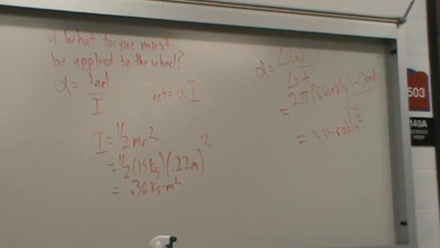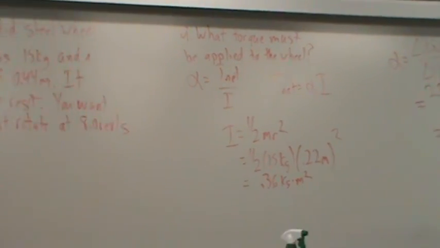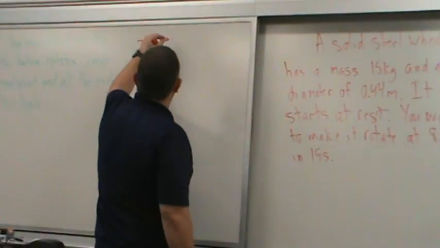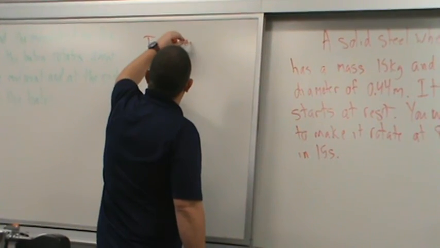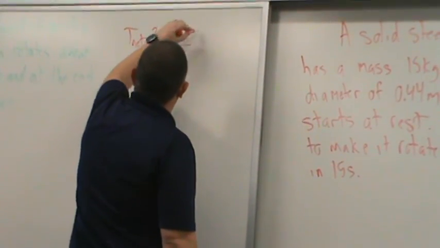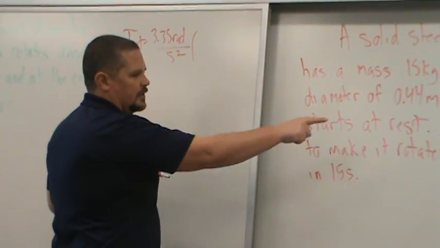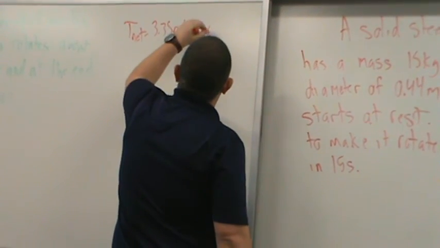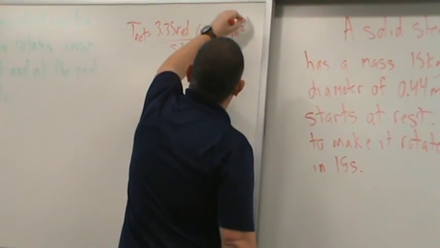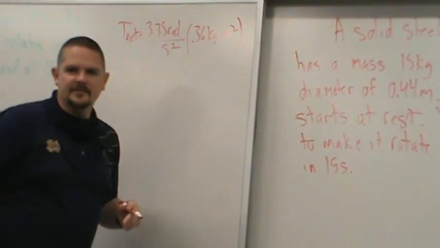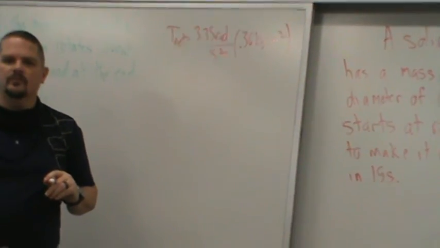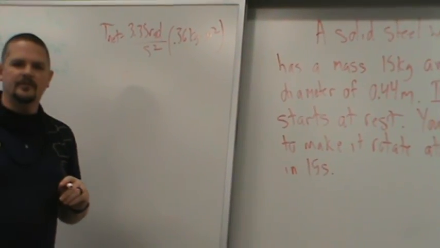So the torque is equal to 3.35 radians per second squared times our inertia, 0.36 kilograms meters squared. So 3.35 times 0.36, what's that come up with? 1.22.